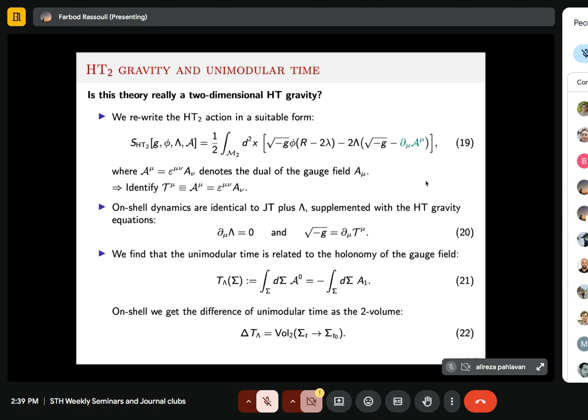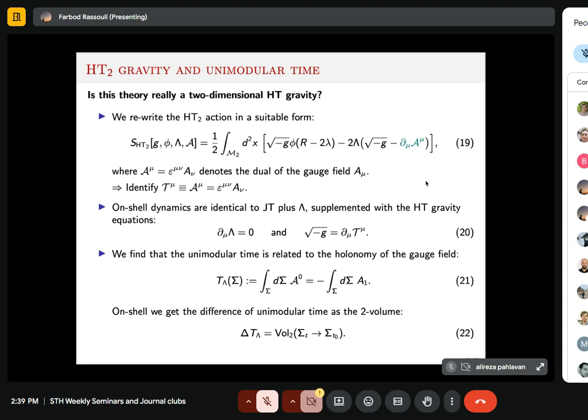They should both together preserve the condition or preserve the solution of this condition, and that means that the diffeomorphism and the gauge symmetry are somehow related to each other. But I think from a unimodular perspective, maybe why I'm more or less here, because I'm from a unimodular background.